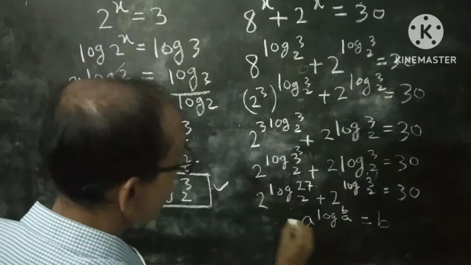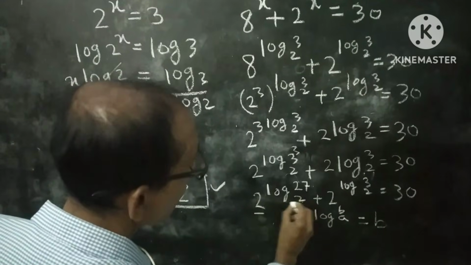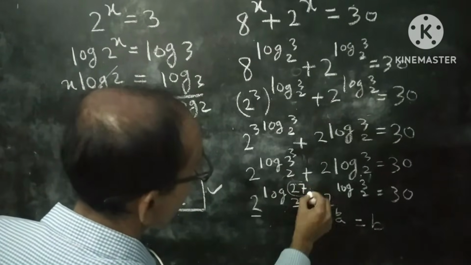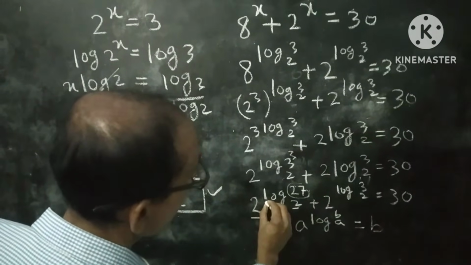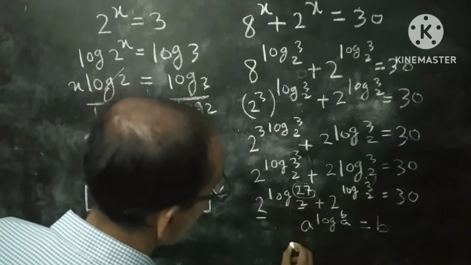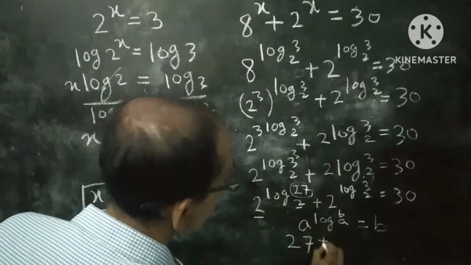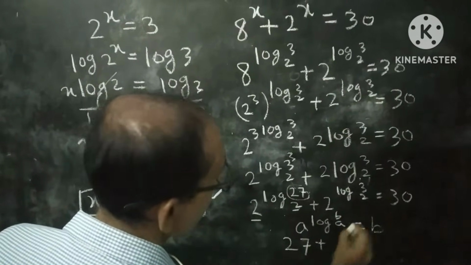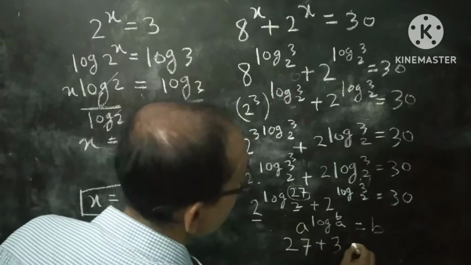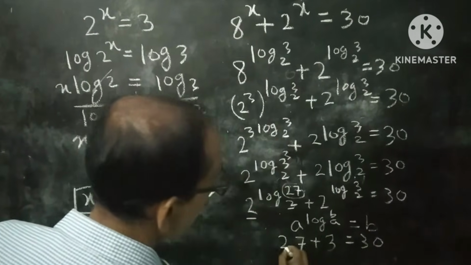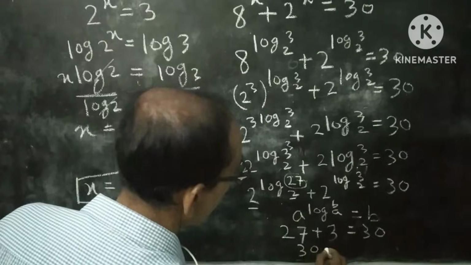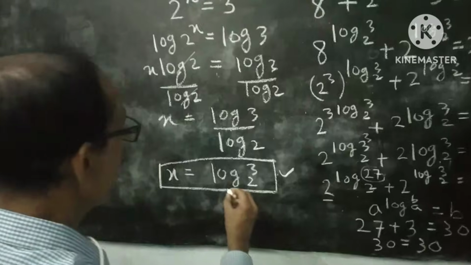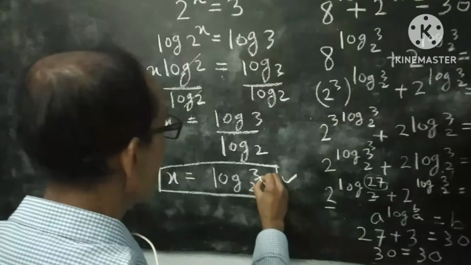So here a equal to 2, 2 to the power log 27 of base 2 equal to 27, plus similarly 2 to the power log 3 of base 2 equal to 3, equal to 30. So 27 plus 3 equal to 30, equal to 30, which verifies our answer. So our answer is x equal to log 3 of base 2.